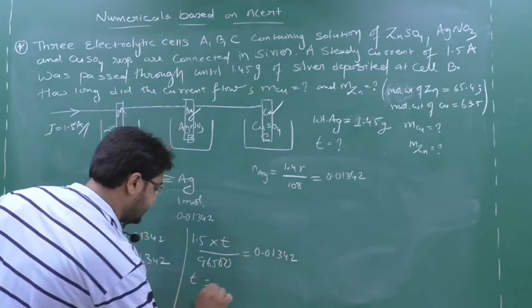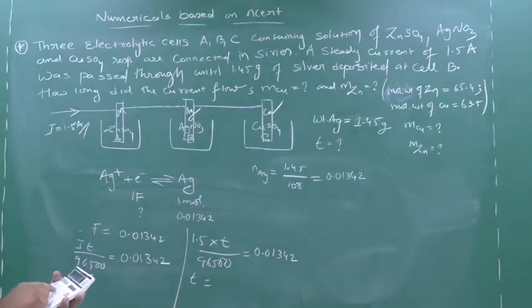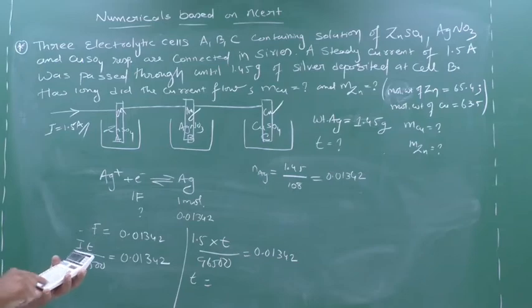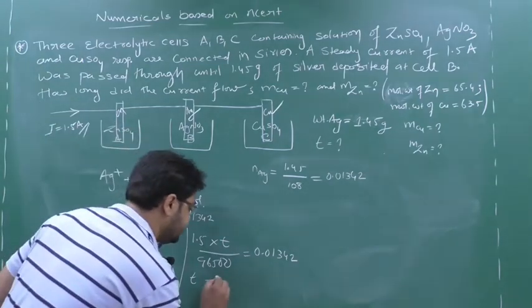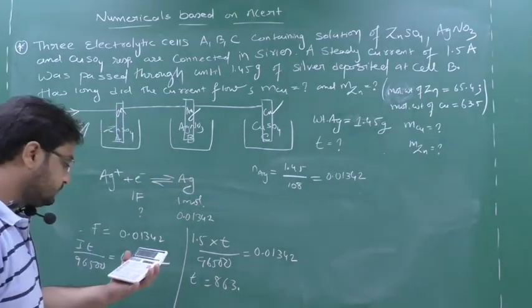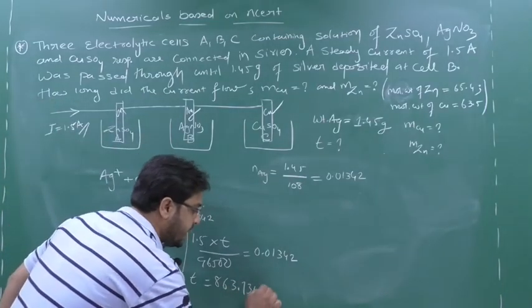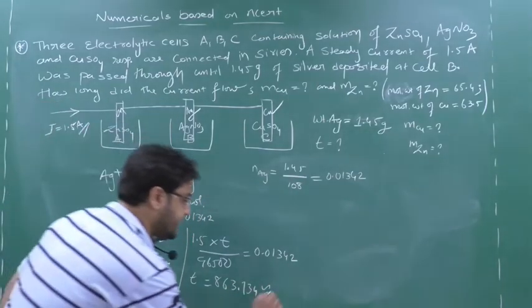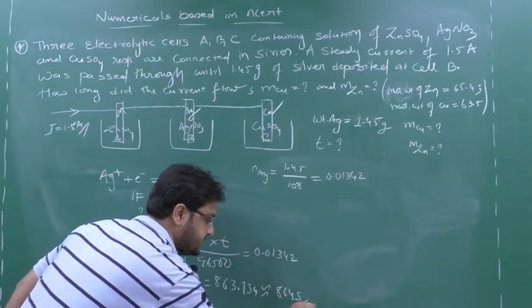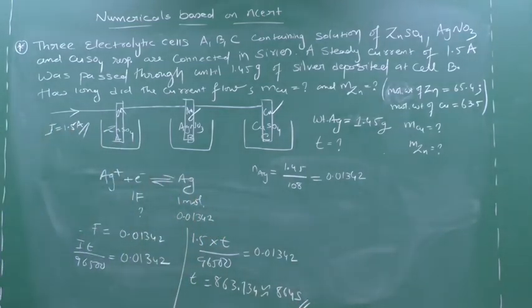So the time I will get is 0.01342 multiplied by 96500 divided by 1.5. I get the answer as 863.734, and in your book the nearly value given is 864 seconds, because time will come in seconds.